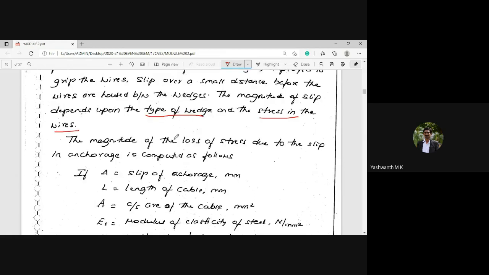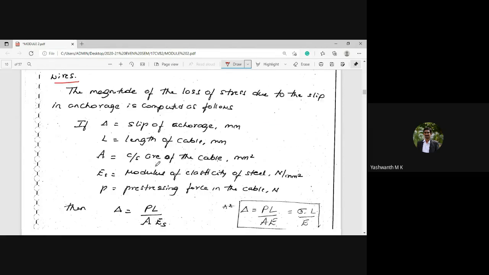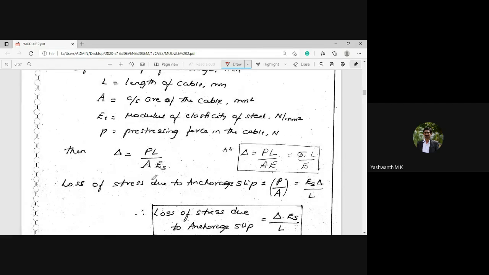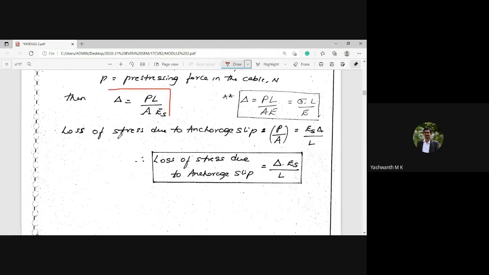Next, the magnitude of loss of stress due to slip in anchorage can be computed by a formula, delta is equal to PL by AE, with a slight modification. This formula we are going to use to calculate the loss of pre-stress due to anchorage slip in the concrete.